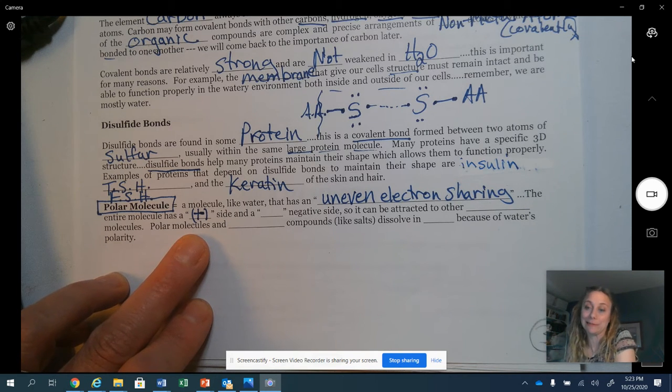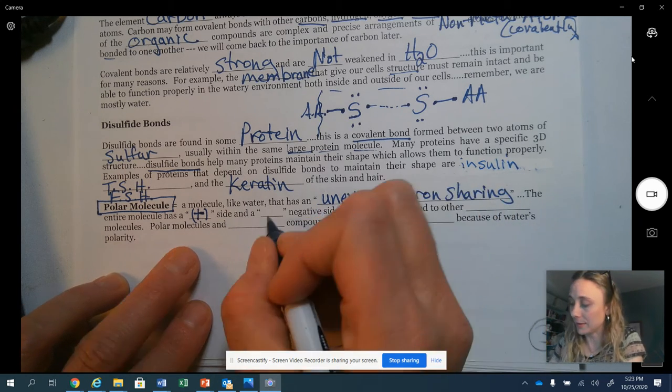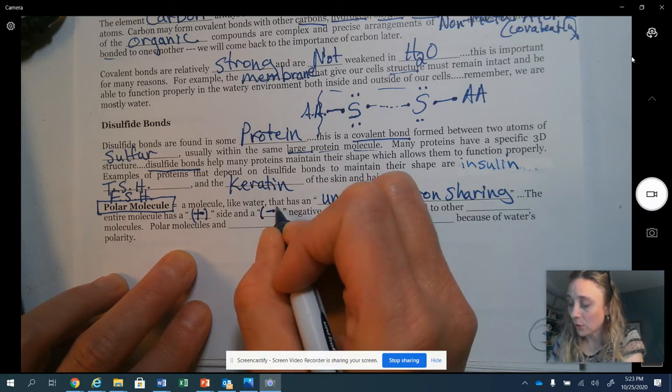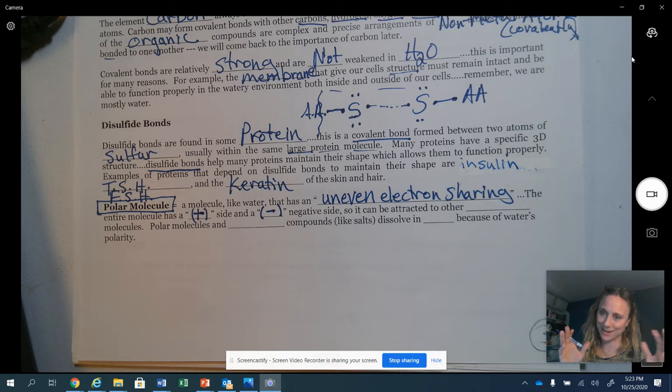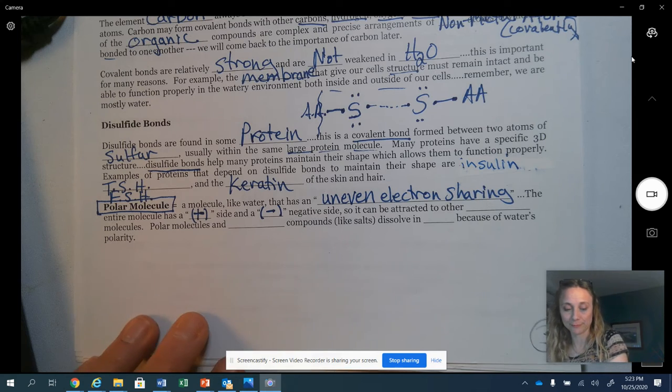It's just a little less negative since the electron is spending more time on the other side, which makes that side partially negative. So it can be attracted then to other polar molecules or ionic molecules because they also, if they have a slightly positive end and a slightly negative end, or if they have a positive cation and a negative anion, they're going to really gel with each other.